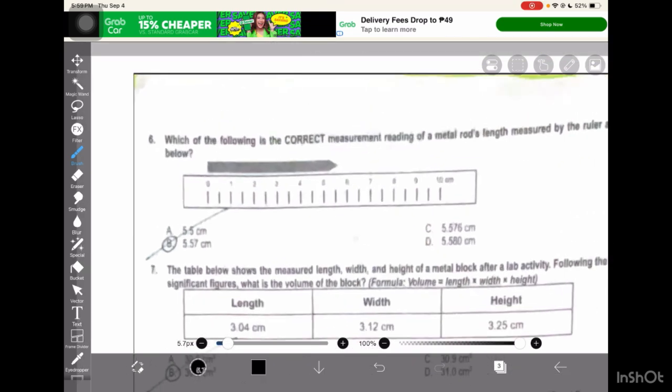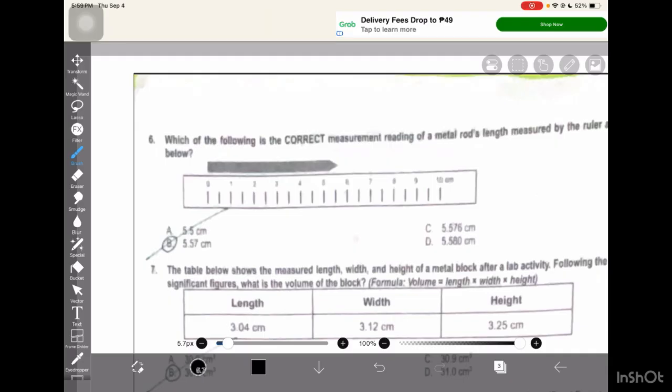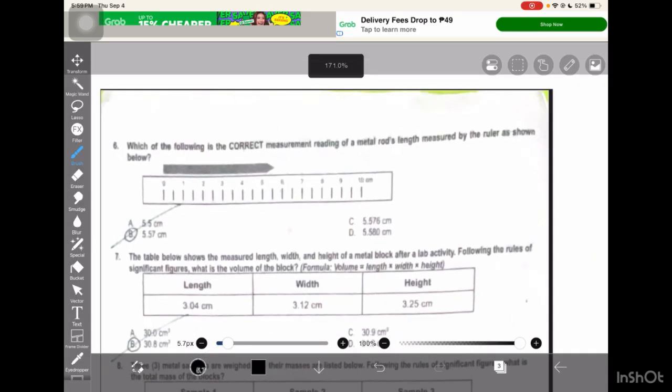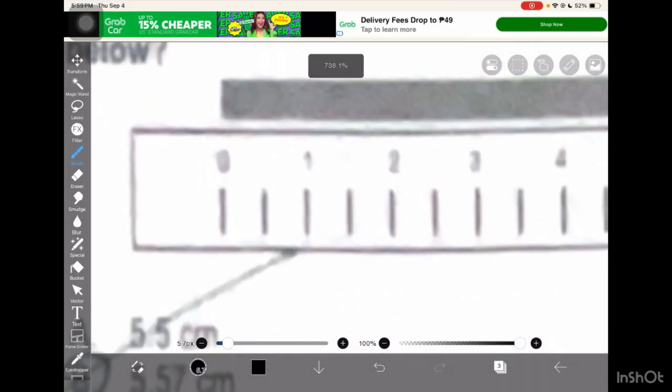So, which of the following is the correct measurement reading of a metal rod using this ruler below? So, as you can see, we have 0 and 1, and there's only one line in between. So, we have a 0.5 over here.